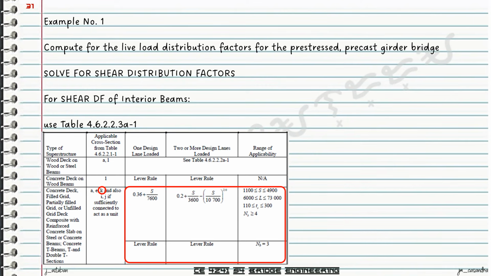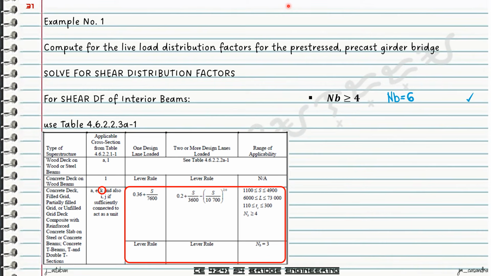equations and conditions. So since in NB, number of beams should be greater than or equal to 4 for us to use this set of equations, we have identified a while ago that NB is equal to 6. So therefore, we are going to use now this equation. So the lever rule will only be used if we have NB equal to 3. Okay?